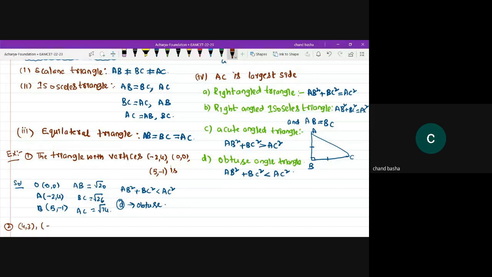Minus 3, 2. 1, minus 6. Here it is also given: obtuse, acute, right angle, lies on the same line.